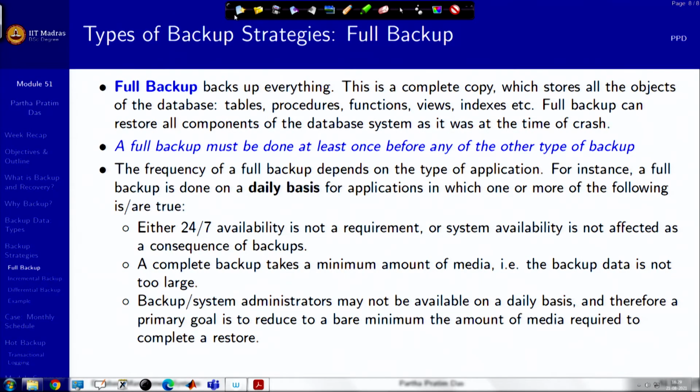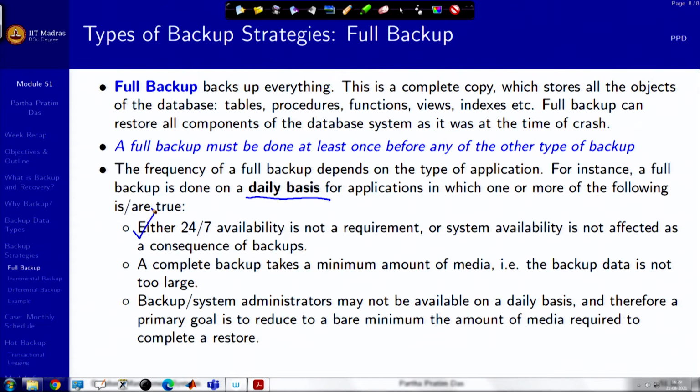Now, naturally the question is, how often would you take a full backup? That depends on the type of application. A full backup may be done on a daily basis, where you do not have a requirement of 24/7 availability.